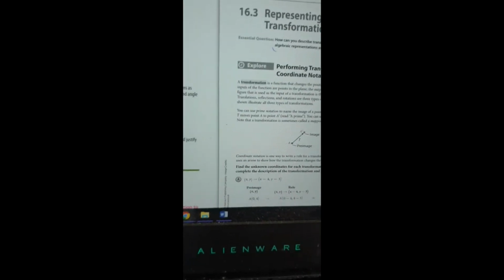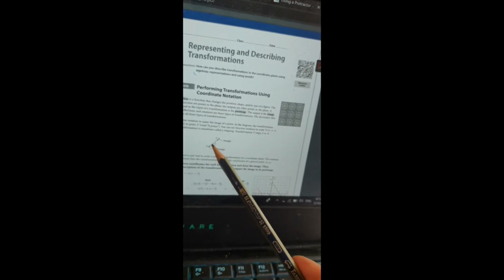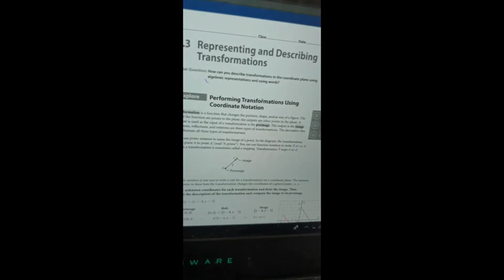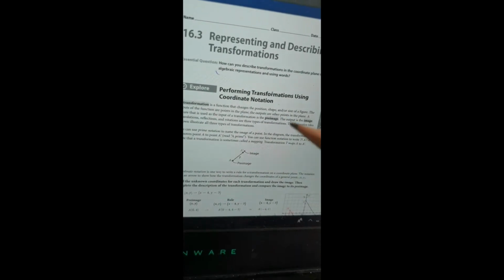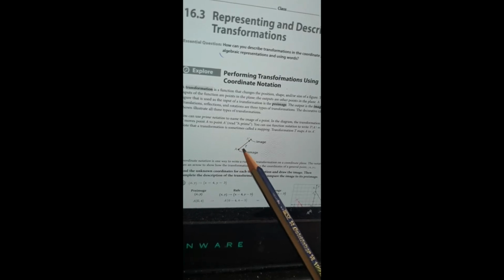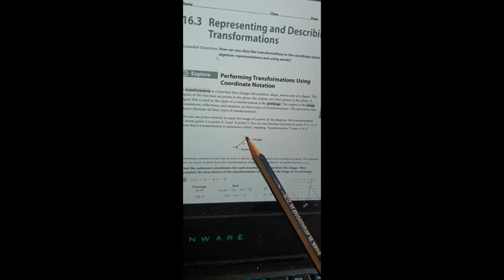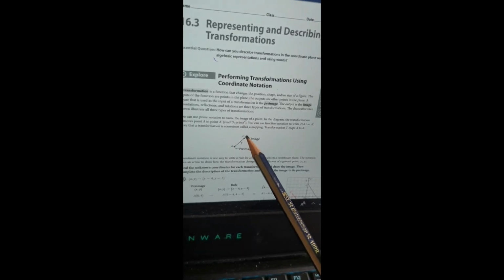But for any transformation, we are going to be having two figures. The original figure is called pre-image, and then you apply a certain transformation on it, one of the four that we said about, and then you are going to be having the other figure, which is called the image. To differentiate between them, the pre-image is always named by its original name, A, B, C, whatever, and the image is the same but with a prime.